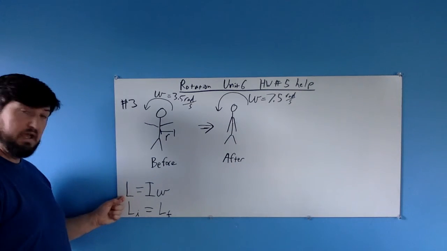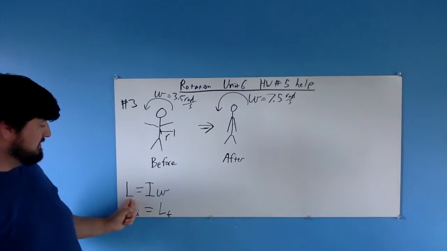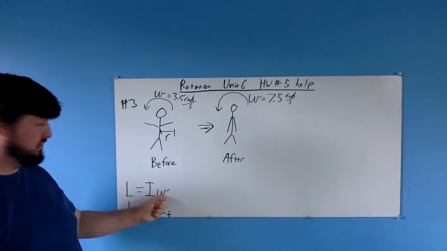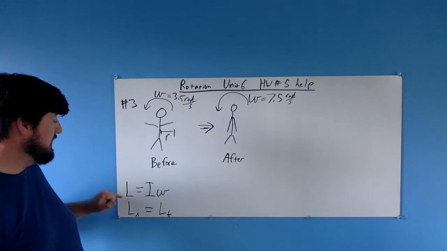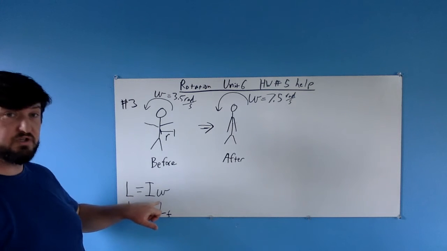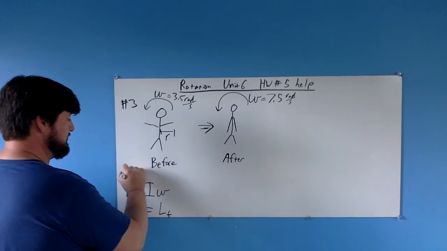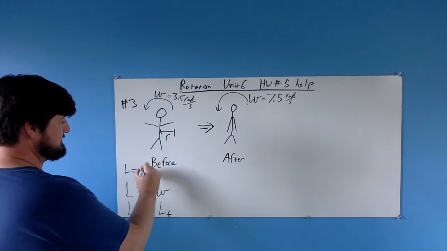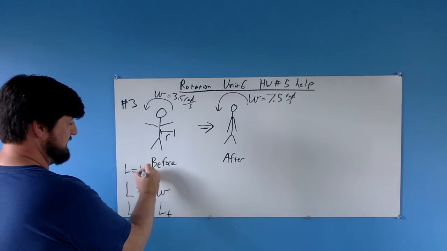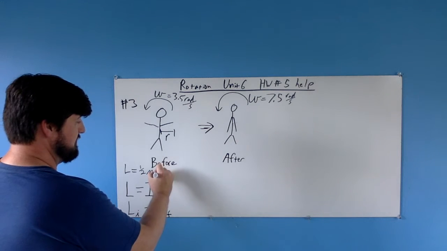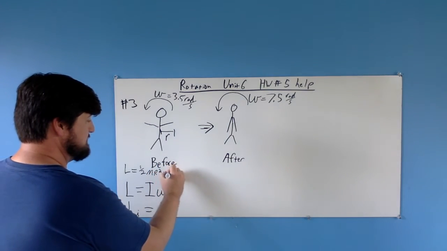So here's our angular momentum formula. Angular momentum is equal to moment of inertia times angular velocity. If we break this down even further, I is some kind of fraction, like 1/2 mr squared, times omega.